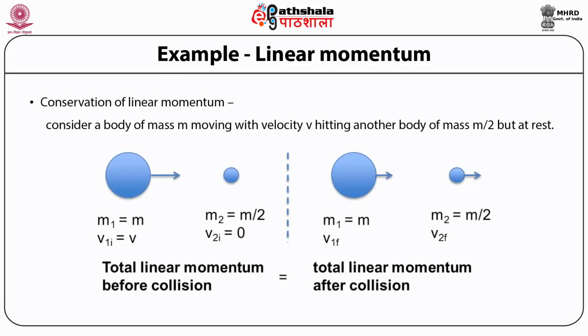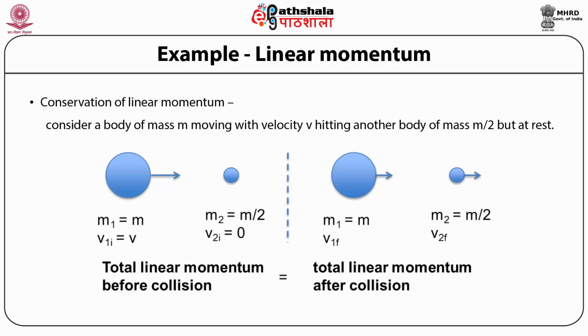Let's now see linear momentum through an example. How do we understand it? Let's consider a body of mass m moving with velocity v, hitting another body of mass m by 2, which is at rest. So in the first case, the bigger body is moving with velocity v and hits the other one, which is smaller, having mass half of the first one, but at rest.